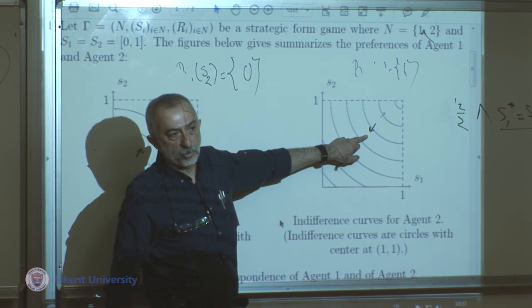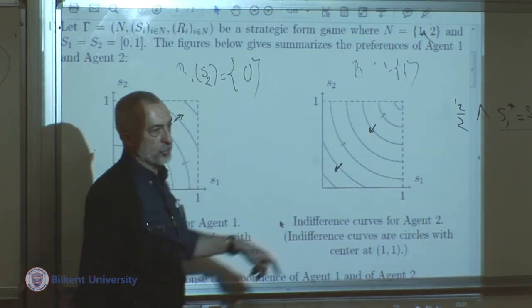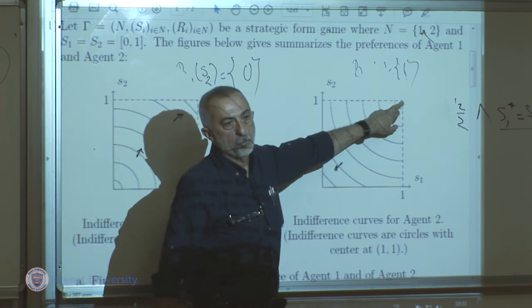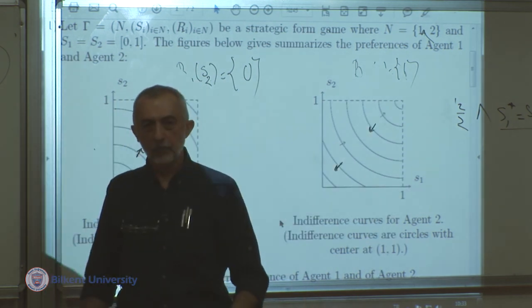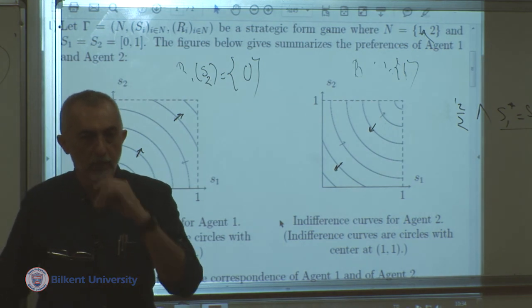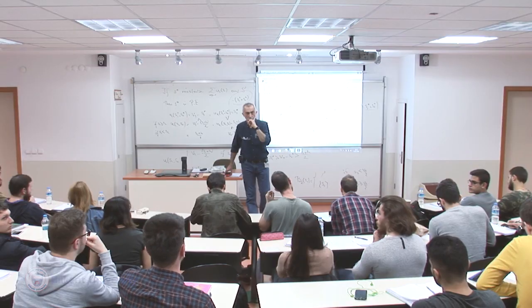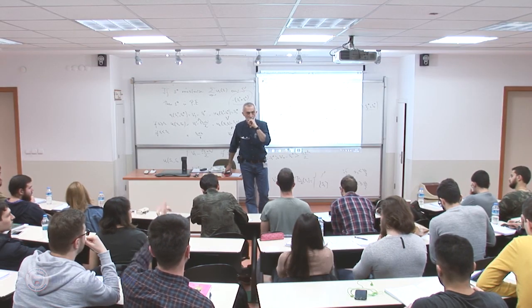Agent 2 becomes better off as we move away from the (1, 1) strategy profile. Now, let's give a break. The set of Pareto efficient strategy profiles will be the two axes from 0 to 1.